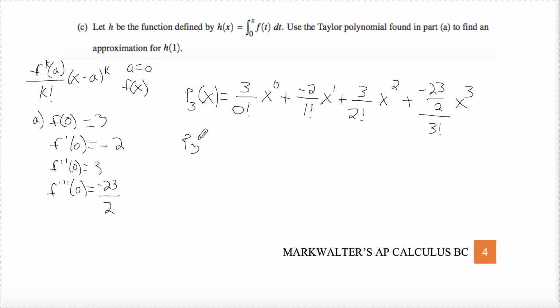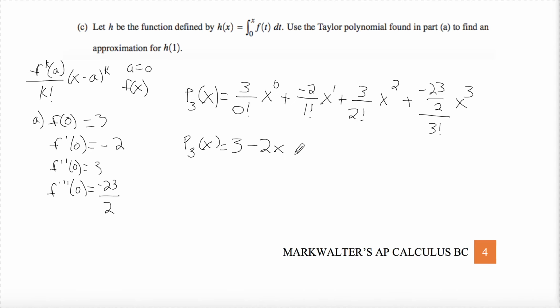So p sub 3 of x is going to be 3. 3 divided by 1, x to the 0 is 1, so that's 3. And it's going to be minus 2 divided by 1 times x, so minus 2x.